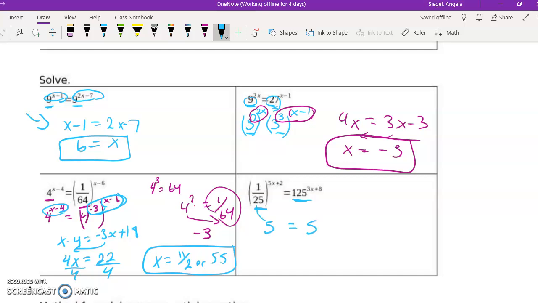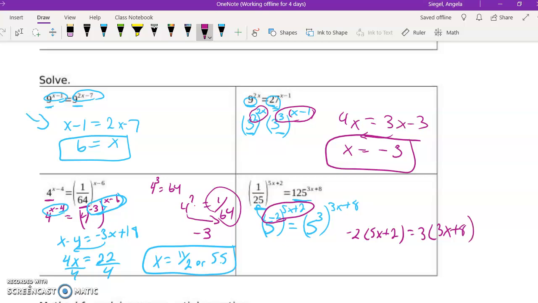Okay, on this one, so I think I want to have a common base of 5. So I know that 5 squared is 25, so 5 to the negative 2 power is going to be 1 over 25. Let's see, 5 to the 3rd power is going to be 125. And then I'm just going to add my exponents in. And so when you raise a power to a power, you multiply. So this is going to be the same thing as 2 times 5x plus 2 equals 3 times 3x plus 8.